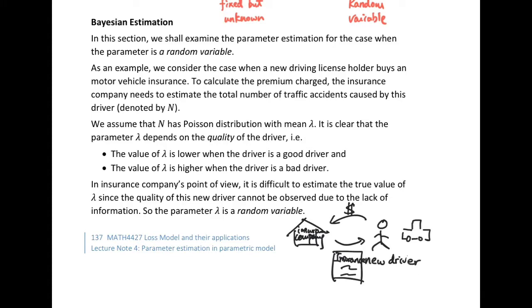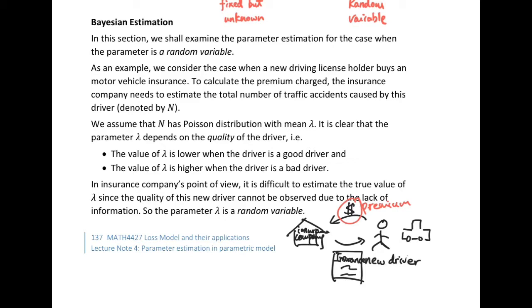Now, what will be the problem there? When this new driver buys this insurance, the insurance company will need to calculate the premium charged to this new driver. As we said before, this premium depends on two things.